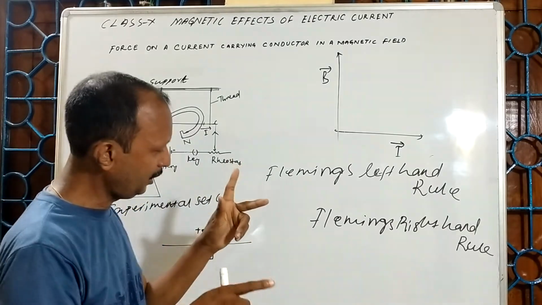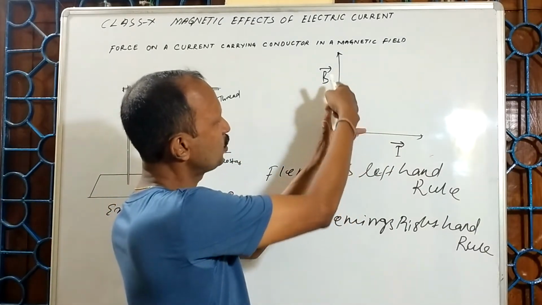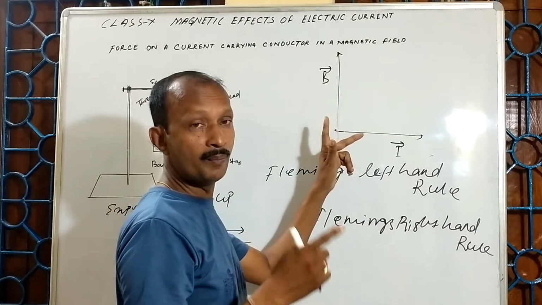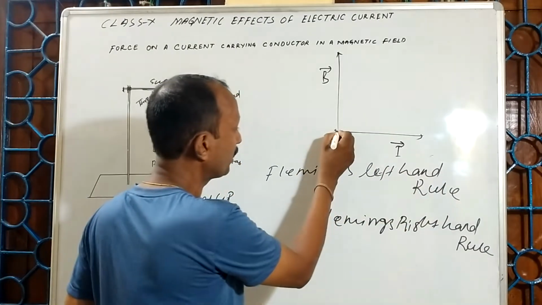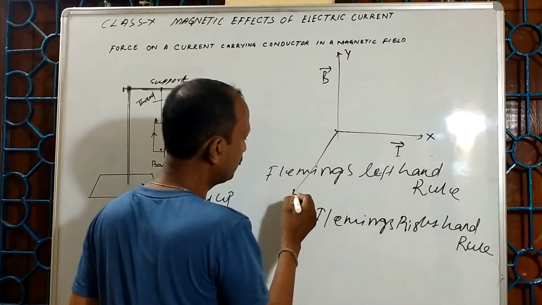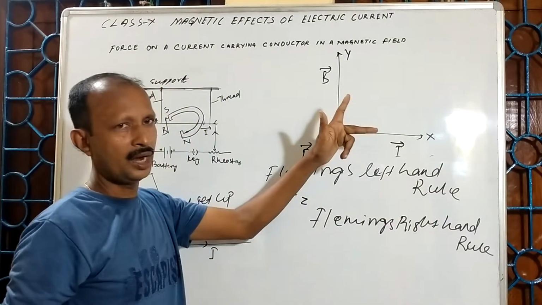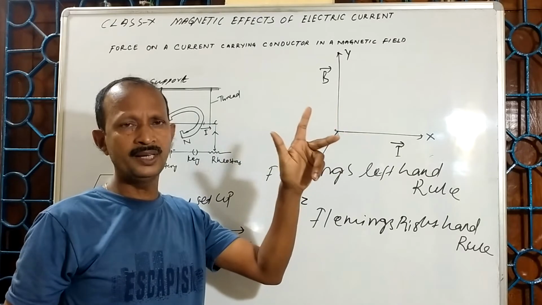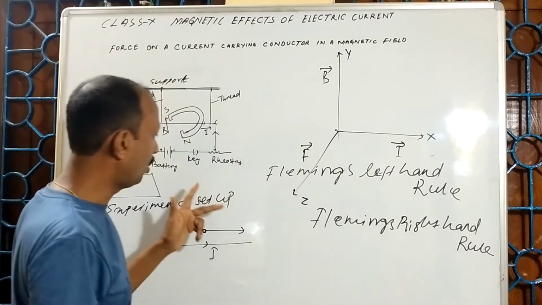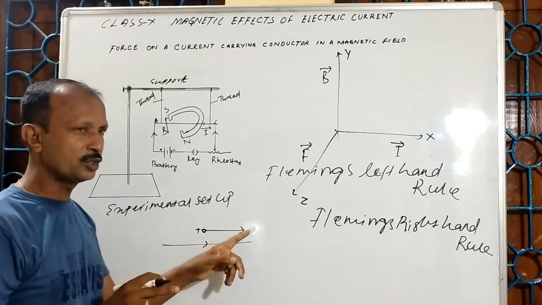In this case, if the central finger shows the direction of a current, forefinger shows the direction of a magnetic field, then the thumb shows the motion of the conductor, which is outward. I can represent it by the z axis. This is x, this is y, this is z. So this z represents the direction of a force. I have used my left hand. Fleming's left hand rule is applicable for positive charge particles. Now this is the direction of current. The direction of current is the direction of a positive charge.